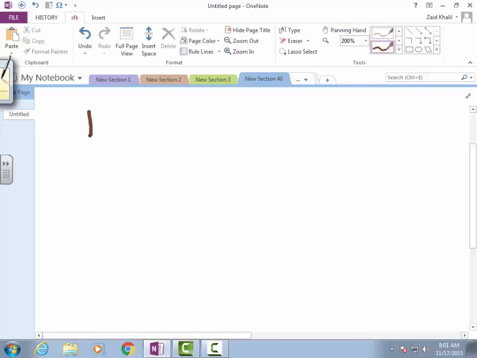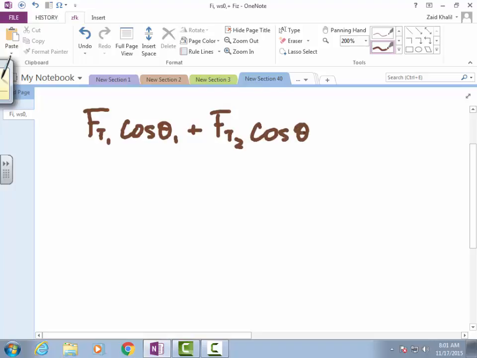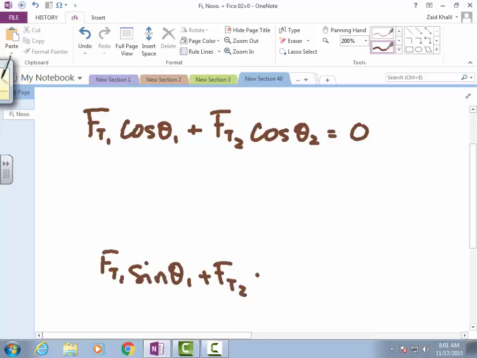Our two equations are ft1 cosine theta 1, and so on, equals mg. Carried over the mg to the other side. So now, solve for ft2 in terms of ft1. What do you get?